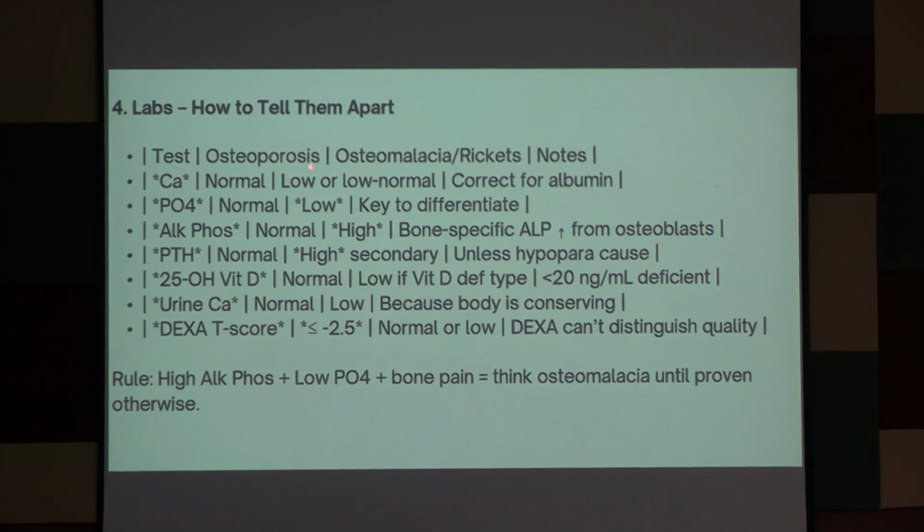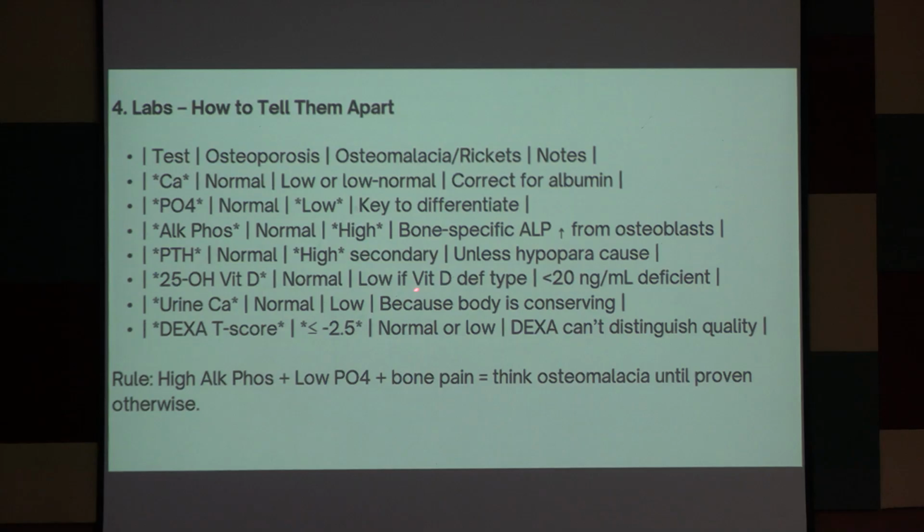Phosphate: normal in osteoporosis, osteomalacia low. Again, key to differentiate. Alkaline phosphatase: osteoporosis normal, osteomalacia high, and in rickets, bone-specific alkaline phosphatase is high from osteoblasts. Parathyroid normal, high in secondary, unless there is hypopara.